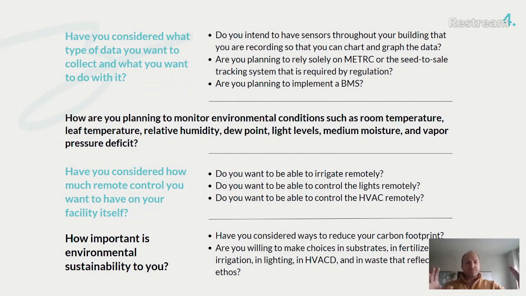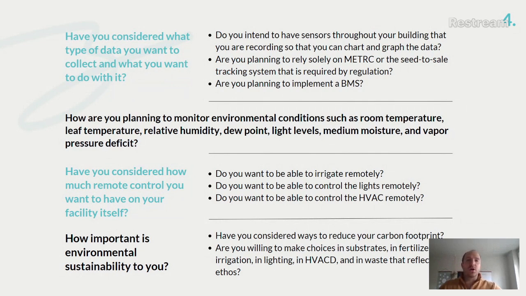And you see, I highly recommend having a BMS. For those that may not know, that is a building management system. It's one of those pieces of software that kind of ties in all of the pieces of information coming from your facility into one spot to help you more easily digest that information.